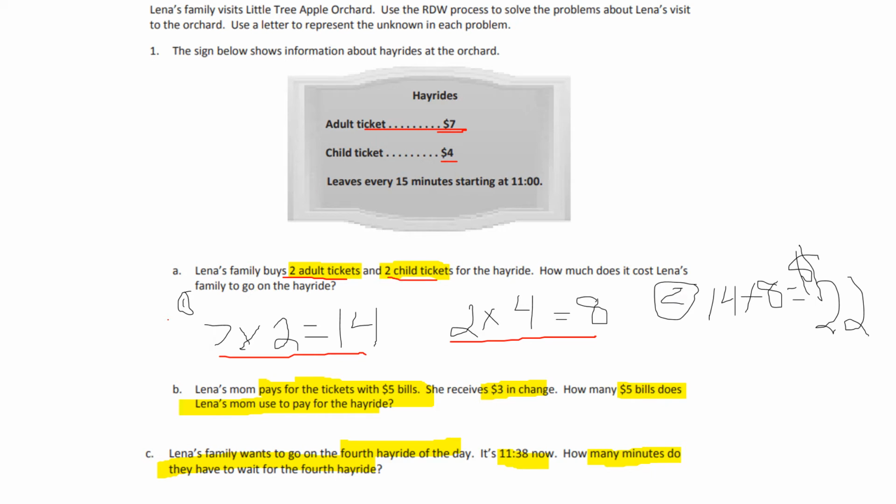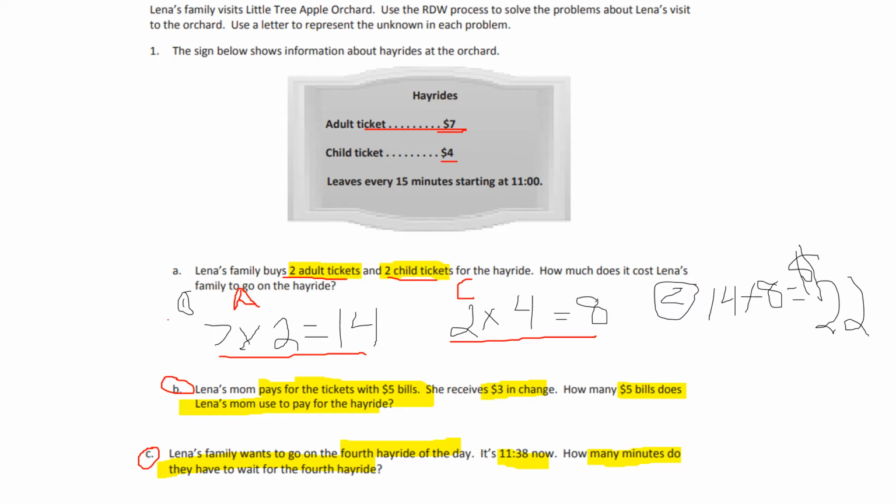So I have my 2 times 7 is 14. If you want to, you could even write A for adult and C for child up here. And then I added those together. So that's my step 2. 14 plus 8 equals $22. Notice I put the dollar sign in. So how much does it cost Lena's family to go on a hayride? It costs $22. So now, these are the questions you're going to do, B and C.